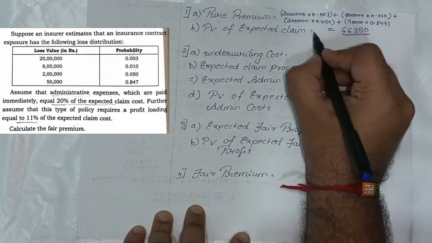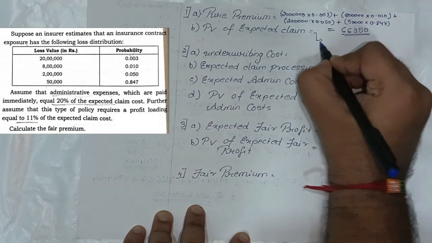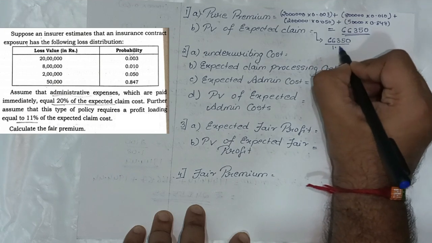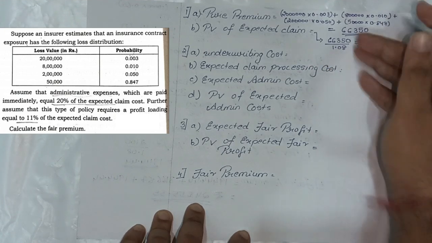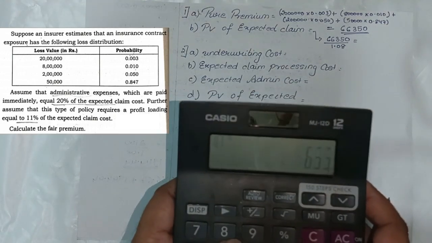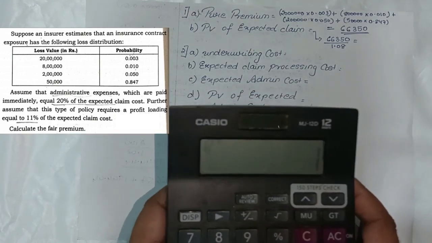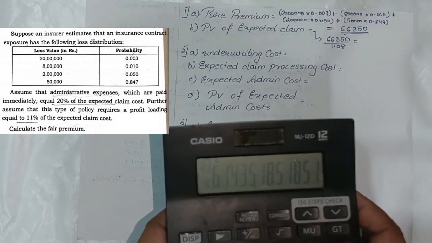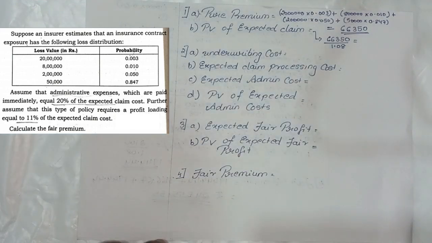Now we need to find the PV of that. There was no interest rate, so we'll take the default 8%. So 66,350 divided by 1.08, the value comes as 61,435.18.